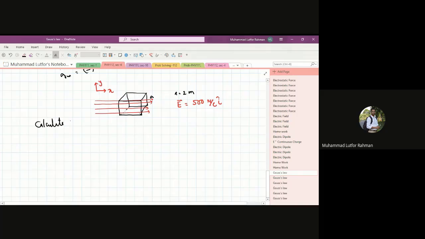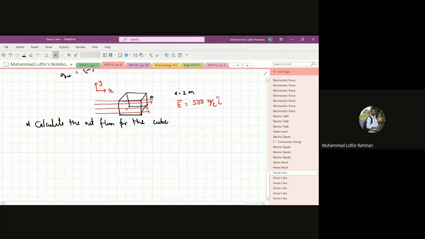Calculate, I should say, the net flux for the cube. Fine. To calculate that flux, look at this. Over here, both the electric field and the area must be constant. What will be the area of this cube?